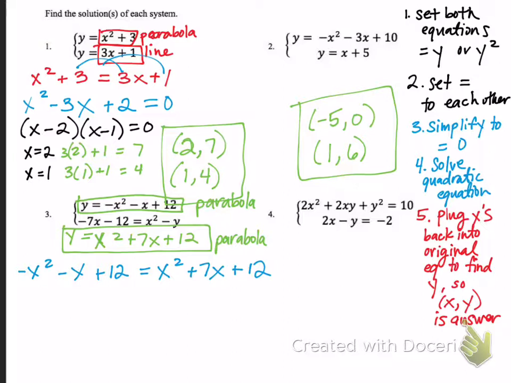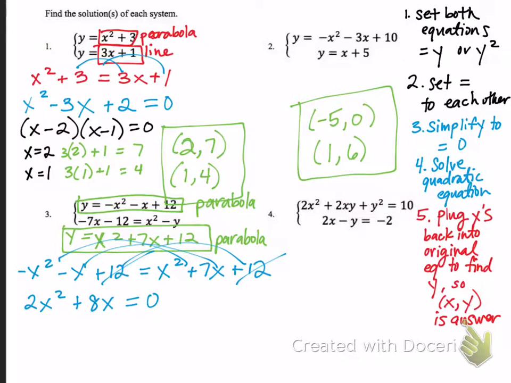I want to have a positive x squared, so I'm going to move the stuff on the left to the right. So I would have 2x squared, because I'm moving this over, plus 8x plus 1. And then plus 0, that goes away, they cancel, equals 0.